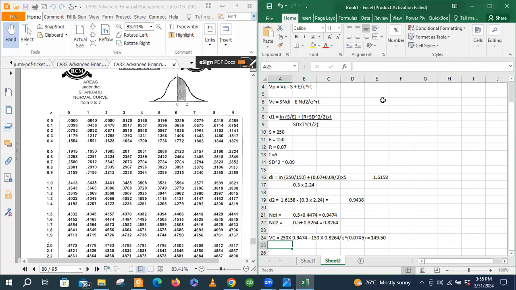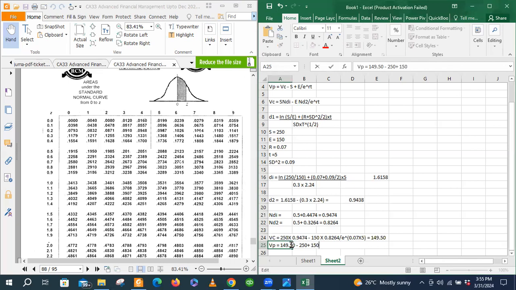What of now the VP? VP is equal to VC minus S plus E. So VC, which is 149.50, minus the spot price, which is 250, plus 150, which is the exercise price, divided by the discount factor.